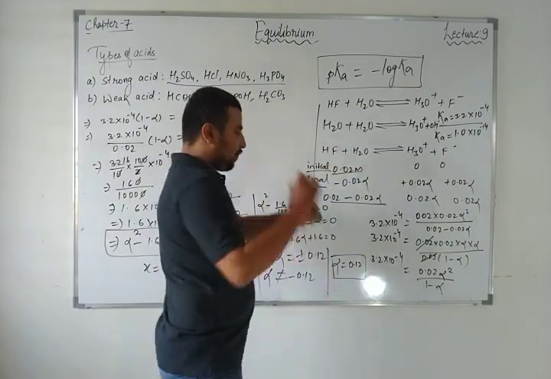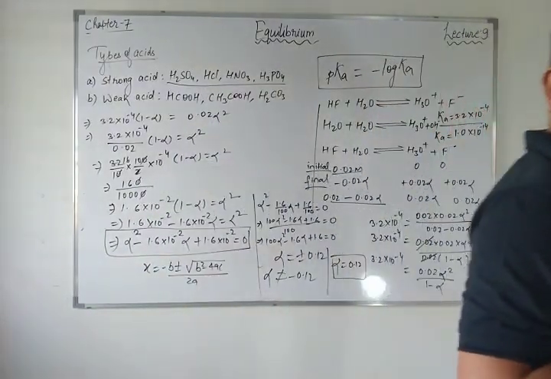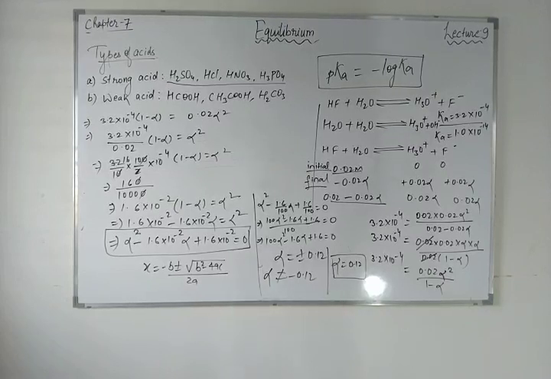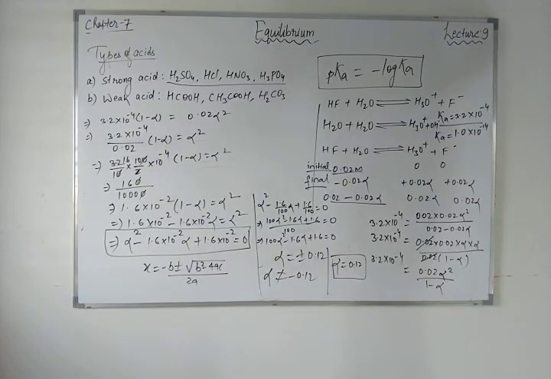So as we get the value of alpha 0.12, this means that the degree of ionization is 0.12, and the equilibrium concentration of other species like hydrogen fluoride, fluoride minus and hydronium ion, you can just put the value and calculate.